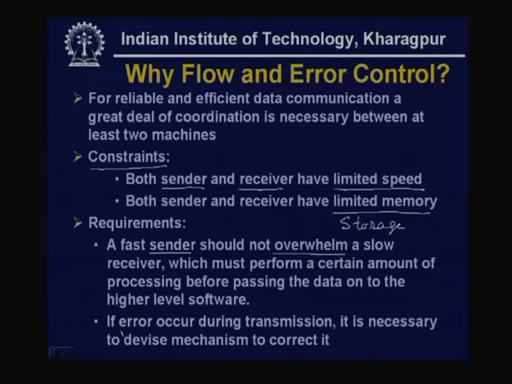Also, another requirement is, if an error occurs during transmission, it is necessary to devise a mechanism to correct it. We have already discussed the error detection techniques and also one forward error correction technique using Hamming code. But commonly forward error correction is not used.